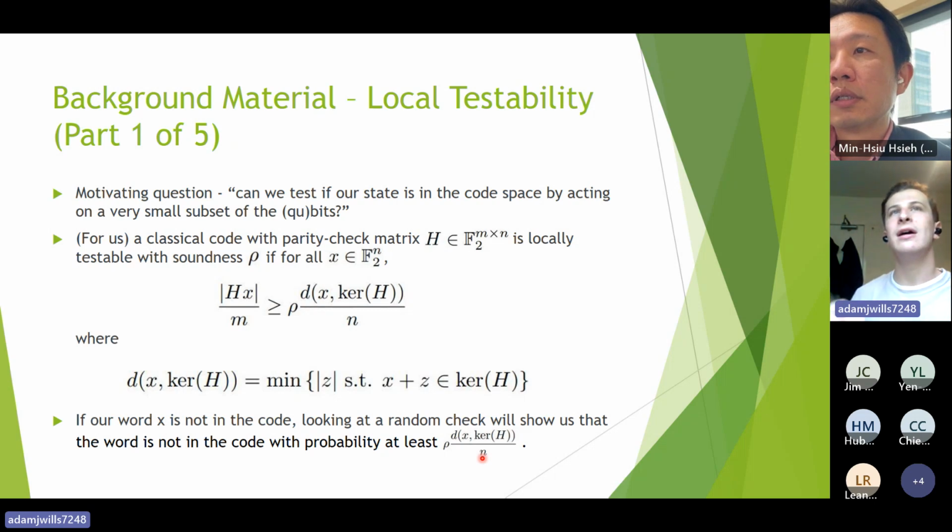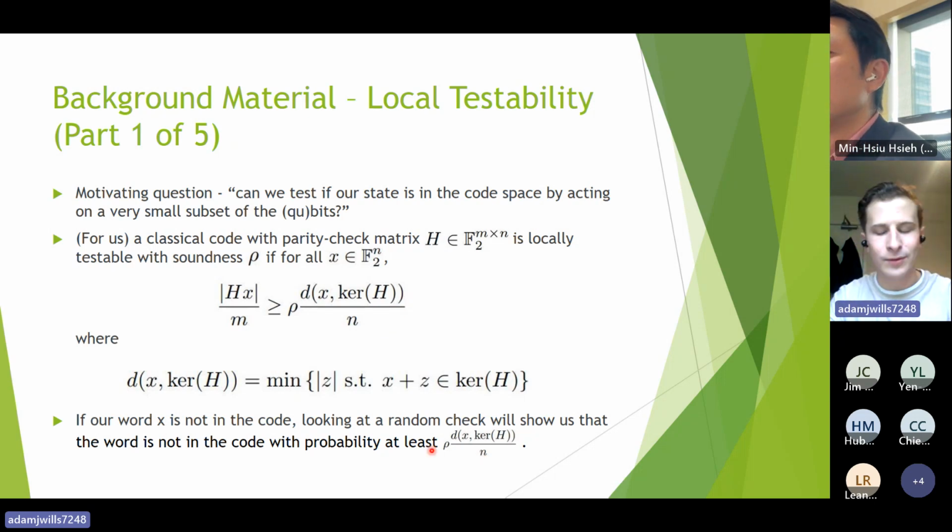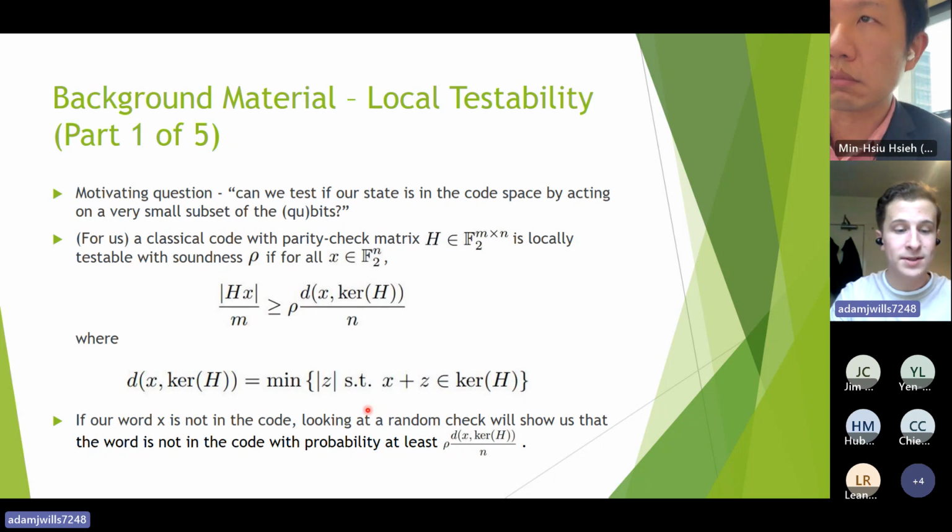We're seeing that if our word is far from the code, then this soundness condition means that we are increasingly likely to see a violation of a check when we look at a random check. But we still haven't got exactly what we wanted up here.